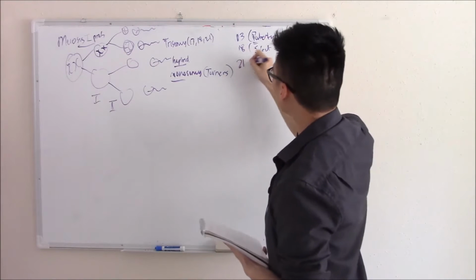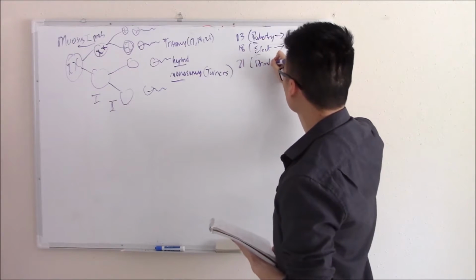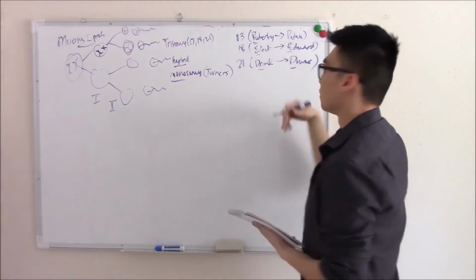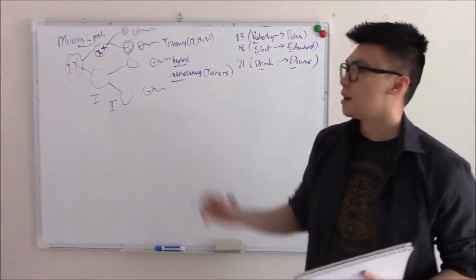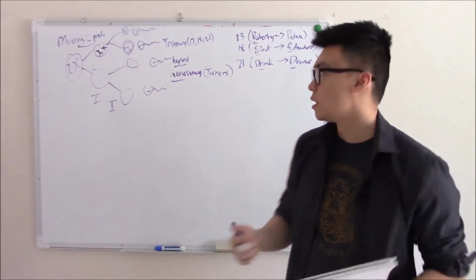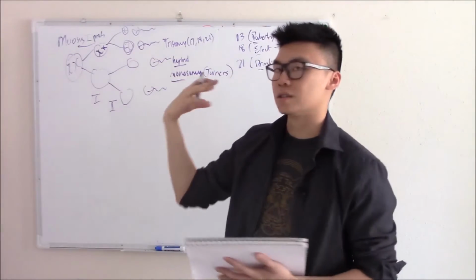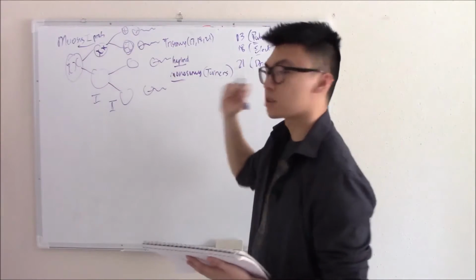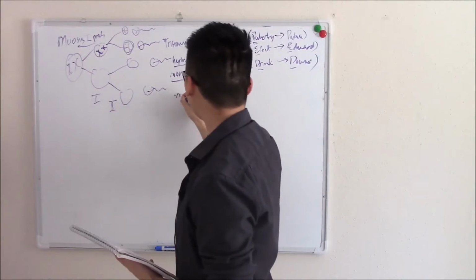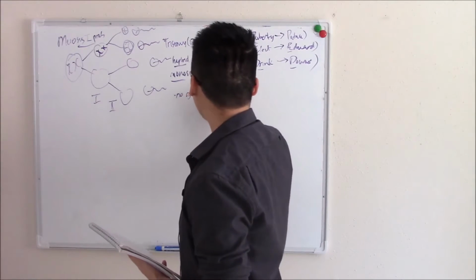And then 21, that's when we can drink. So D for drink or D for Down. So those are your trisomies. And that is what can occur in non-disjunction of meiosis 1. In non-disjunction of meiosis 1, there's not a good outcome. You either have trisomy or you have monosomy. Let's just write no good outcome.